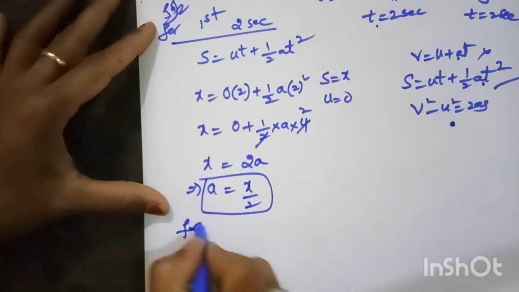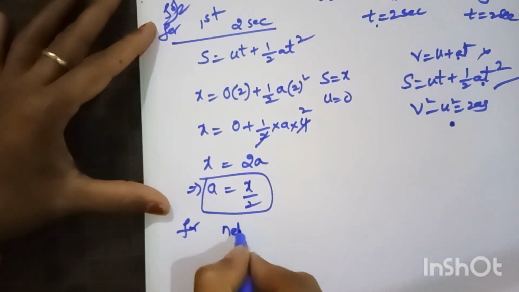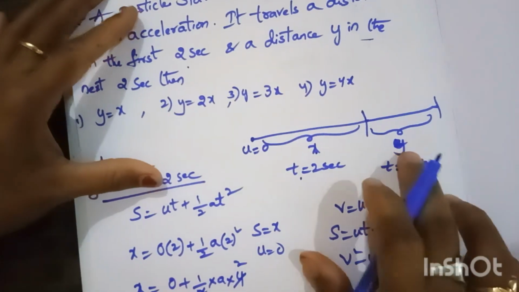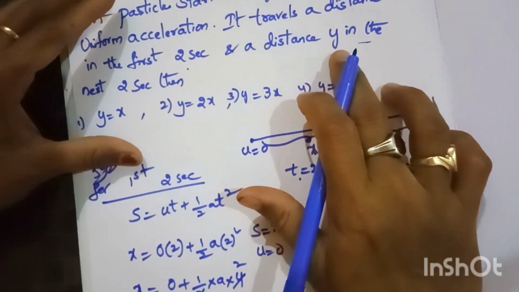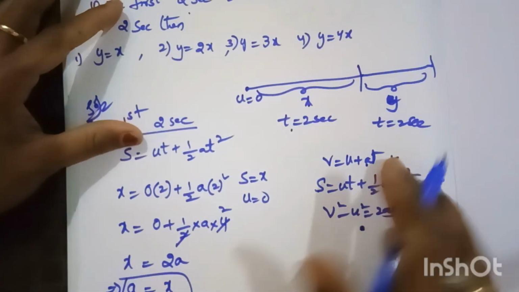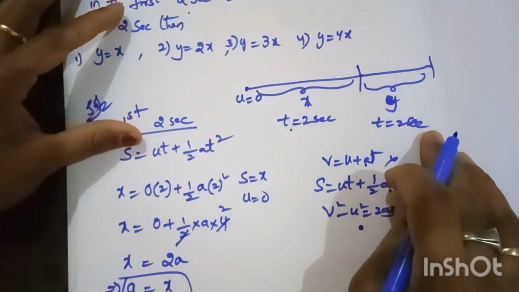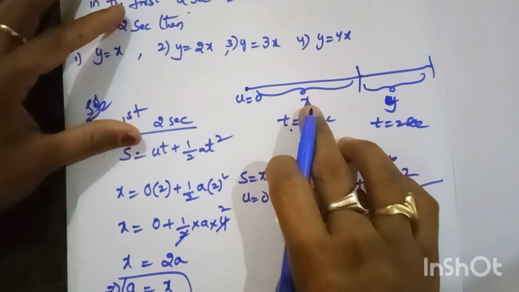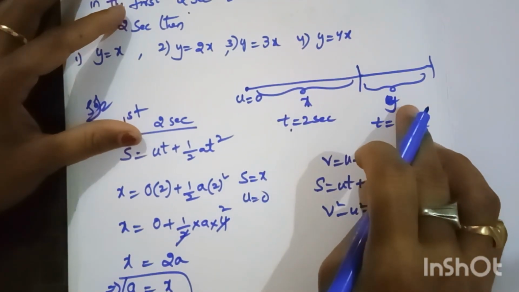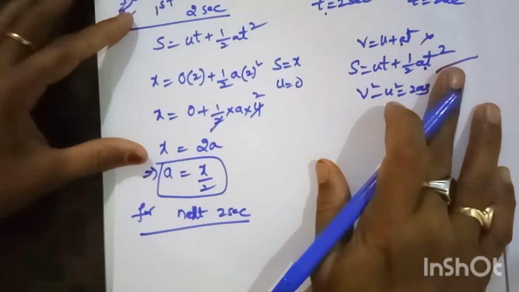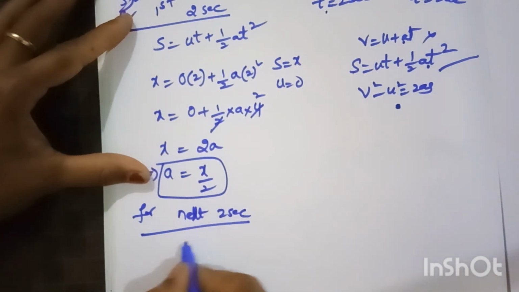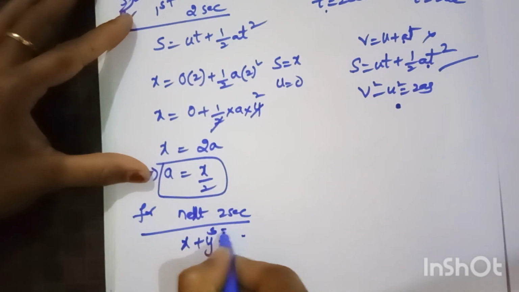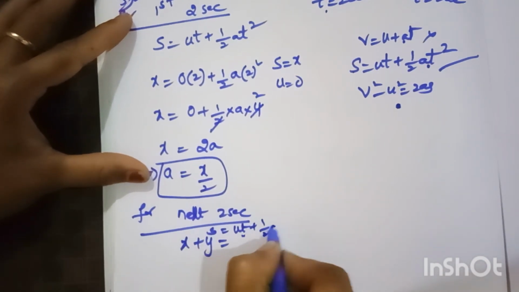For the next 2 seconds, it takes a distance of y. But we consider, for the next 2 seconds, the first distance and the second distance. Without the first distance we won't get the next distance. So for the next 2 seconds we take both distances: x plus y equals s equals ut plus half at square.